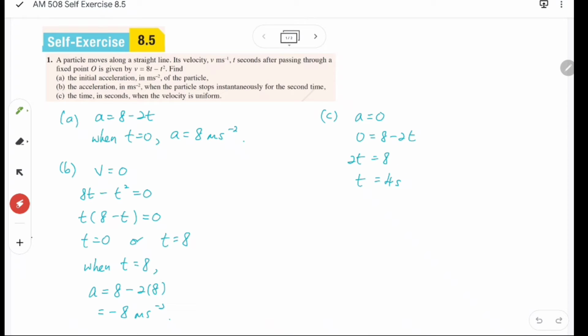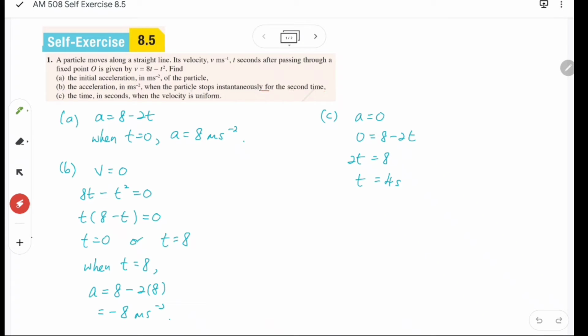B. The acceleration in meter per second square when the particle stops instantaneously for the second time. So the clue is when the particle stops instantaneously. From here, we know v equals 0 for the second time.